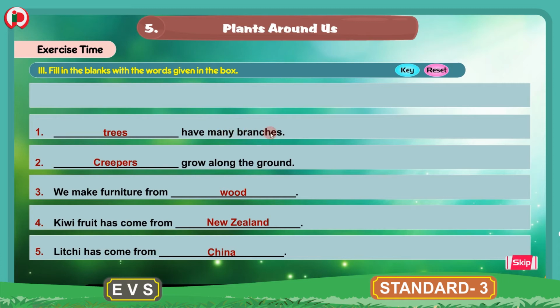Trees have many branches. Creepers grow along the ground. We make furniture from wood. Kiwi fruit has come from New Zealand. Lychee has come from China. So this is about the third bit. And now we will move to the next bit.